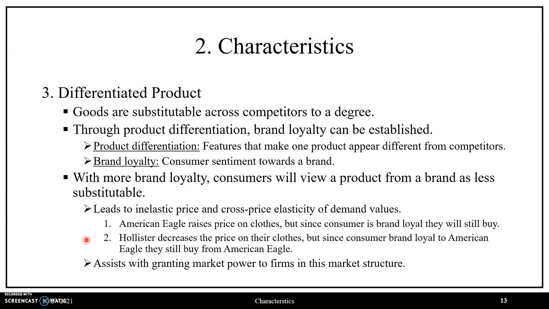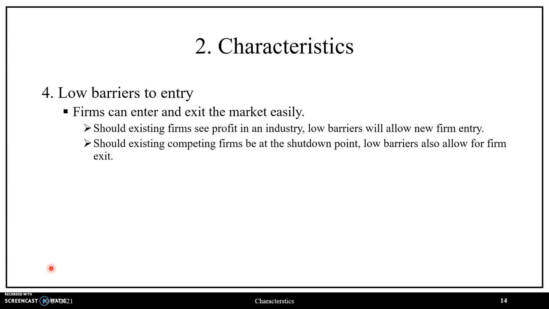So what we have here is a percentage decrease in the price of Hollister, corresponding to little to no change in the demand for American Eagle clothing. So once again, an inelastic response in terms of the cross-price elasticity of demand in regards to American Eagle clothing. So overall then, product differentiation and brand loyalty will assist in granting market power to firms in this market structure.